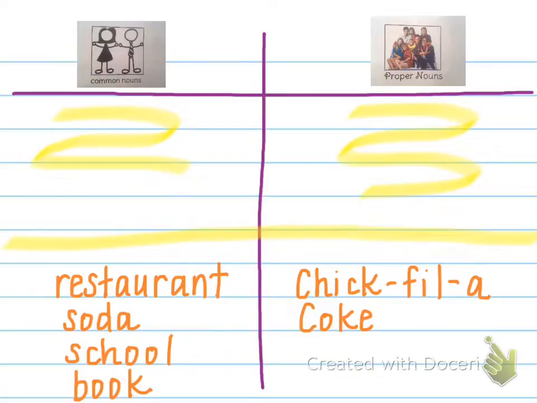Now before we go today, I have one more thing to share with you. This is something my dear friend Mrs. Mitchell shared with me. It is an important tip about common and proper nouns that is often very confusing for kids and adults too. But now you're going to be in on the secret.